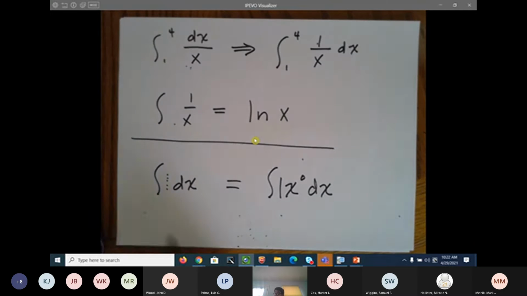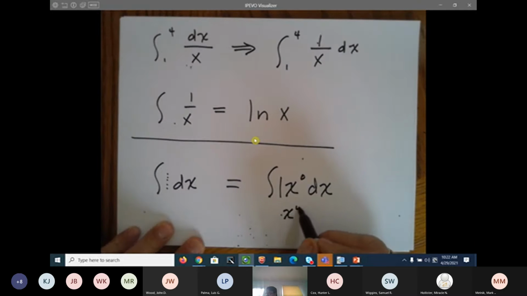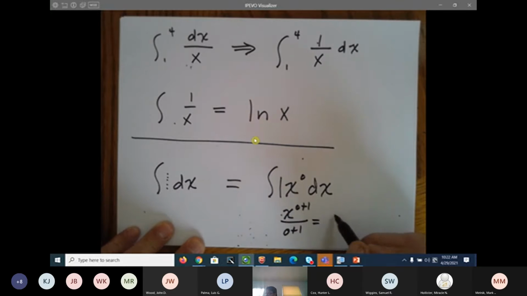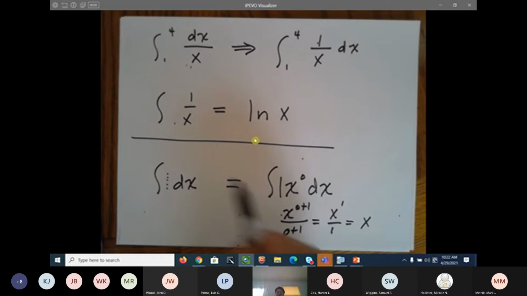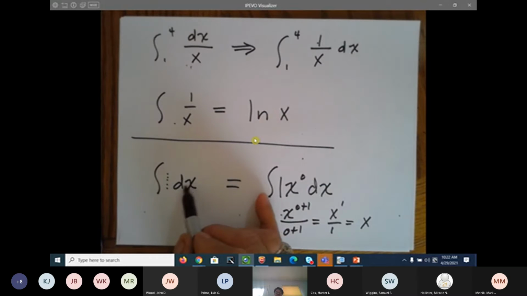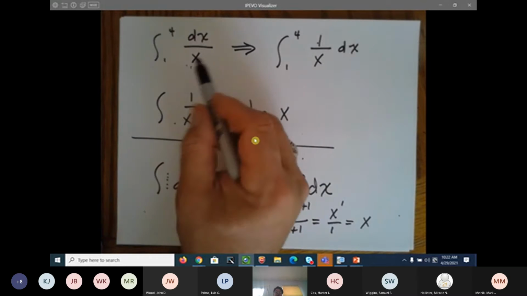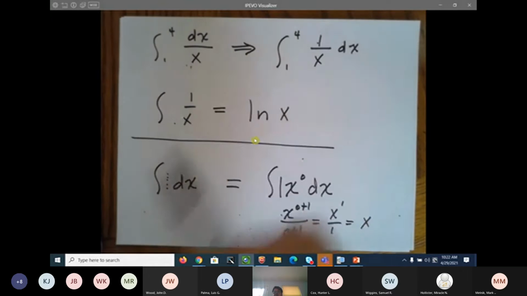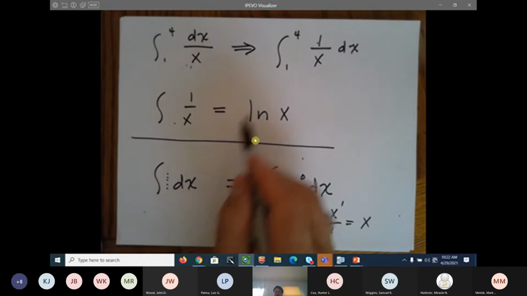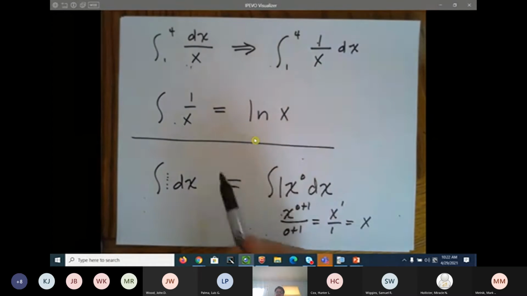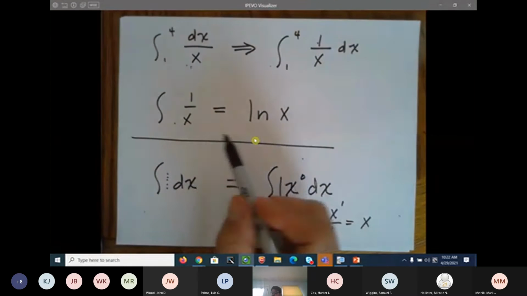If you write it like this, then you'll know, okay, x to the 0 plus 1 over 0 plus 1 is equal to x to the first over 1, which is equal to x. So if you see dx or dx over x on a test, it might not register. That's why I tell students to rewrite it. And then you can remember this rule.